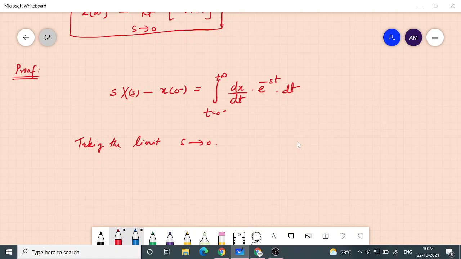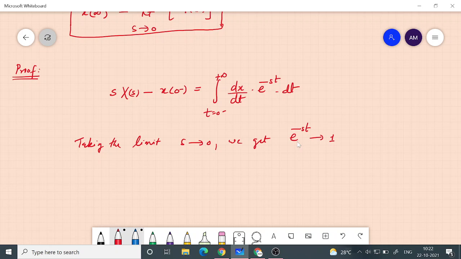Taking the limit s goes to 0, e raised to minus st goes to 1. Earlier we said s goes to plus infinity, in which case this term became 0, but now s is going to 0, so e raised to minus st becomes 1.